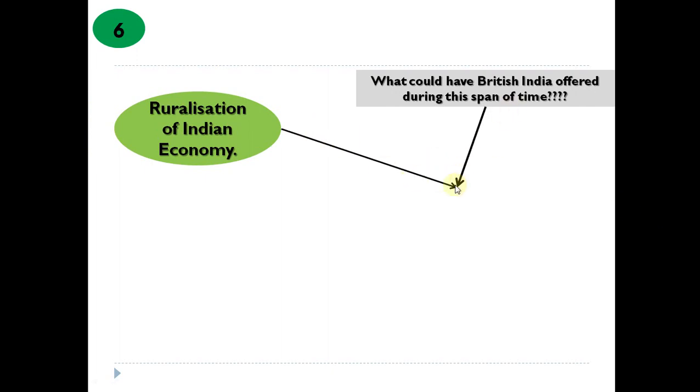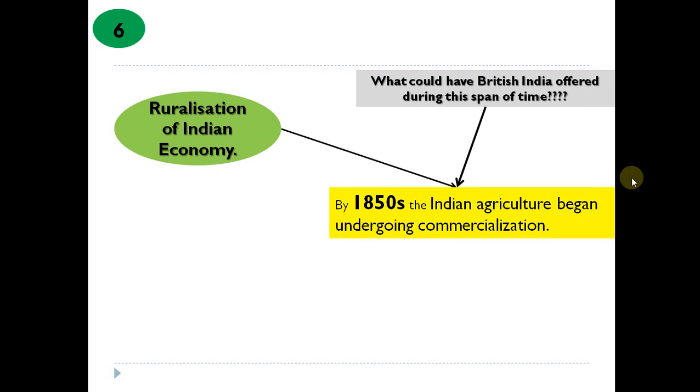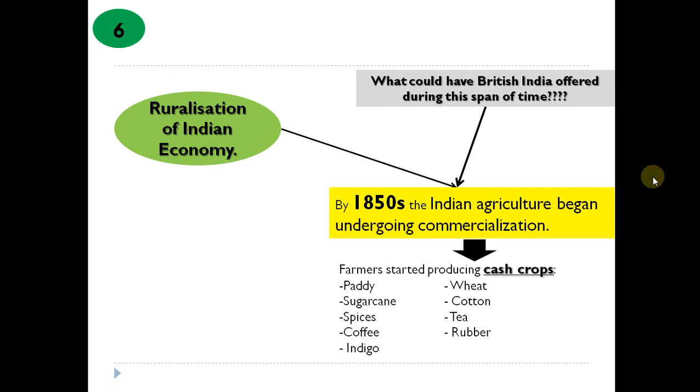Both of them resulted in Indian people providing agricultural exports to the Western nations. And this is how by the 1850s Indian agriculture began undergoing commercialization. Farmers started producing cash crops: paddy, wheat, cotton, and so on.